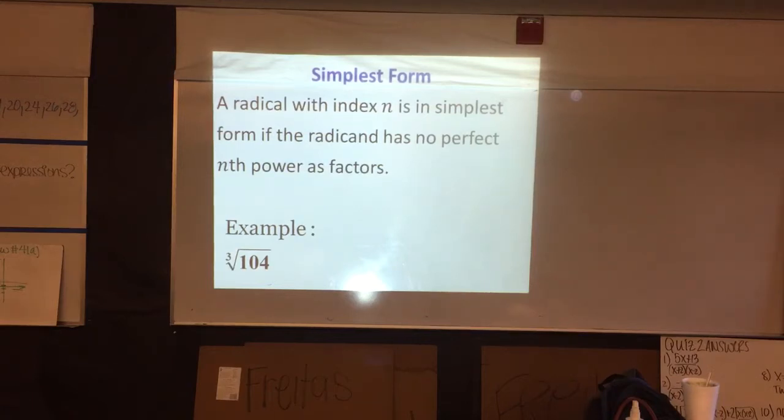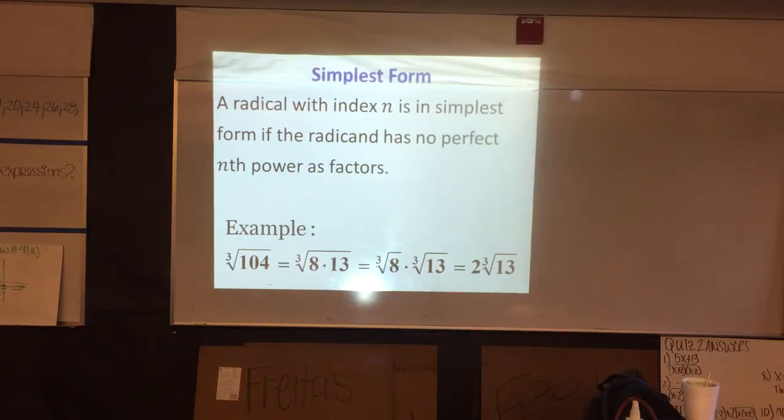And so I broke this one down as 8 and 13. And I like the number 8 because 8 is 2 to the third power. So then I could split that up as a product of 2 cube roots. And I could evaluate the cube root of 8. And that's how I'm getting the 2 cube root of 13.